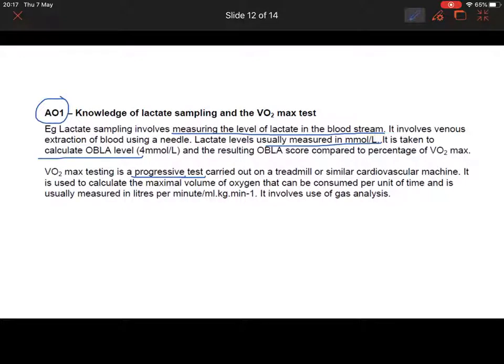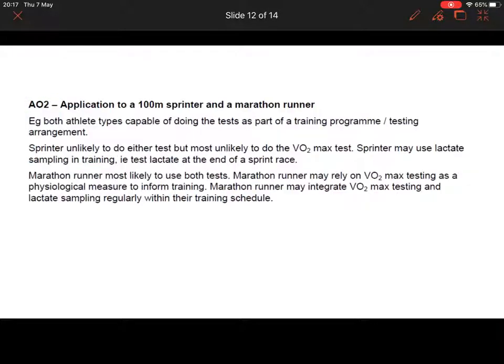And then after that, for the VO2 max bit, it basically defines what VO2 max is, and then the final bit that we talked about in our notes involves the use of gas analysis or direct gas analysis. So for AO1, you can see it's hopefully fairly straightforward. It's just repeating the notes that we talked about earlier in this lesson.